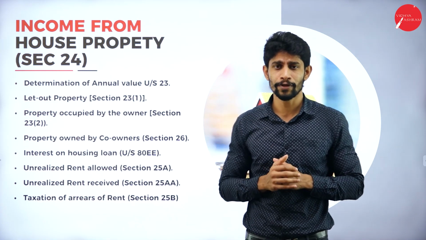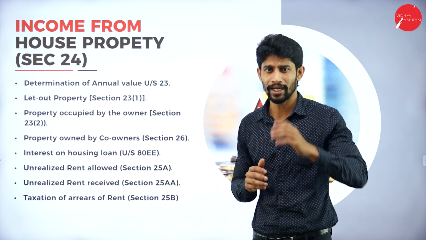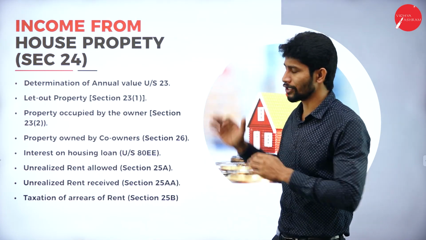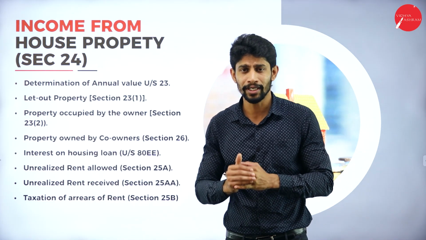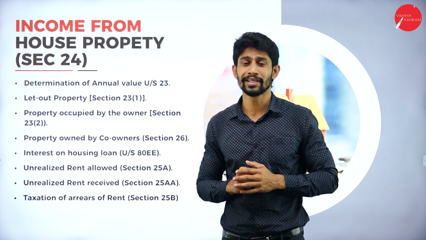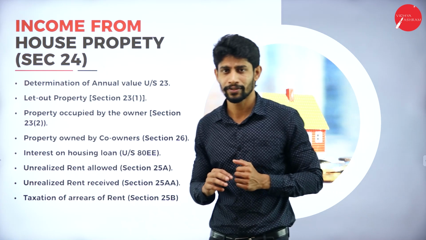So on that profit you are supposed to pay tax to the government, right? On that 1,20,000 you are supposed to pay tax to the government. So in this unit under income from house property, we are going to learn how to compute the income from house property, because the whole 1,20,000 is not your profit, right?